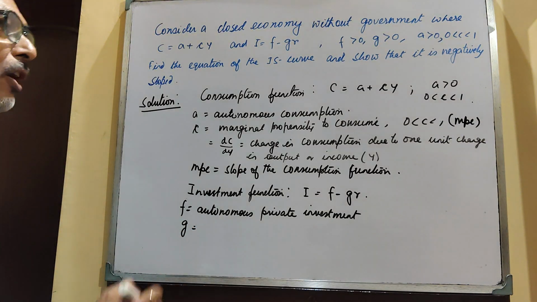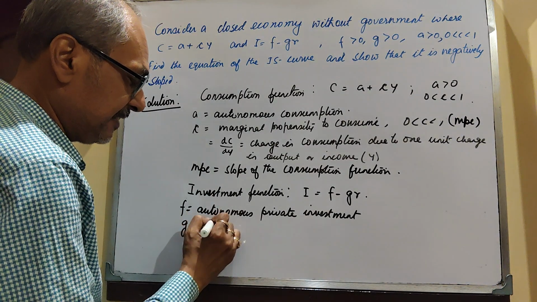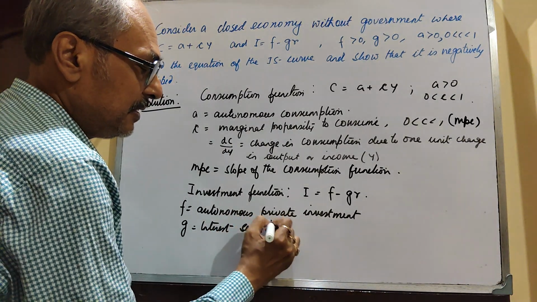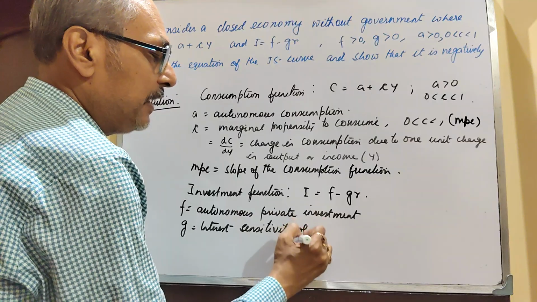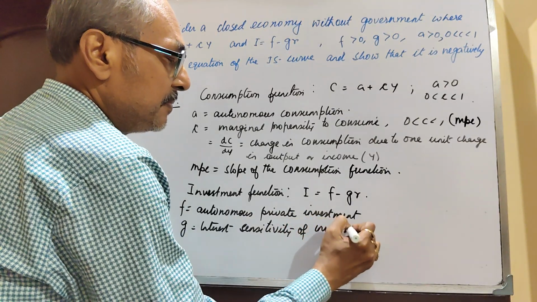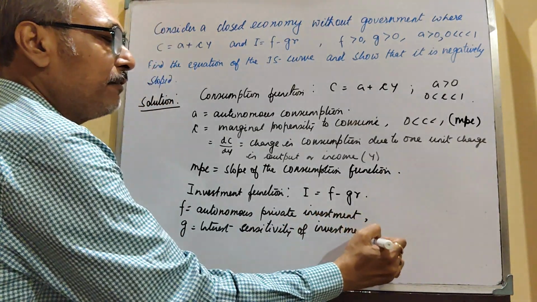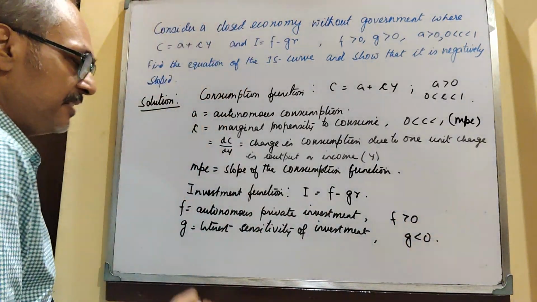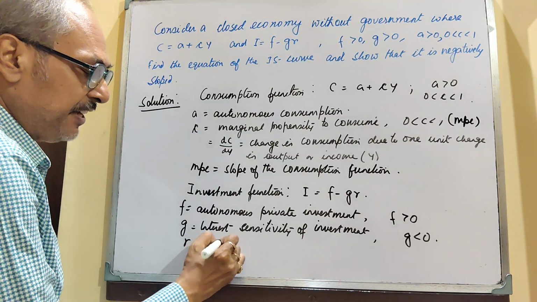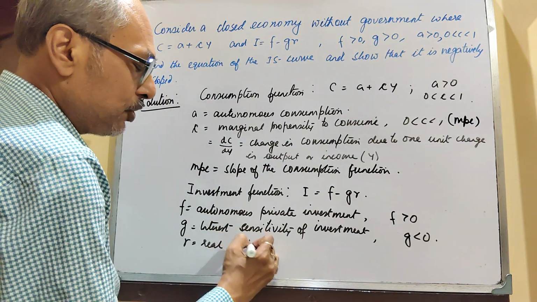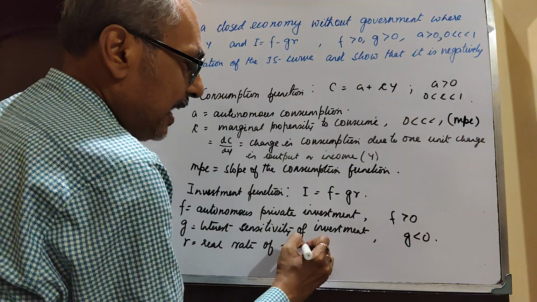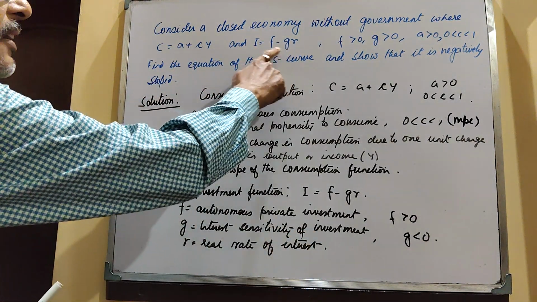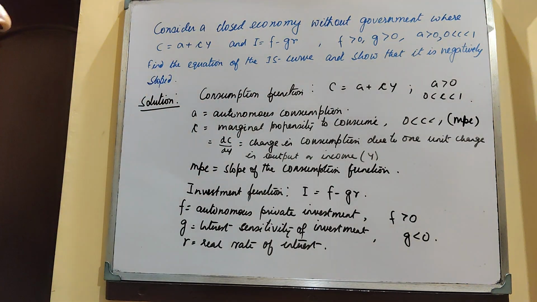Interest sensitivity of investment. In the question it is given F greater than 0 and G greater than 0. R is the real rate of interest. This is the interpretation of all the notations given in the question.